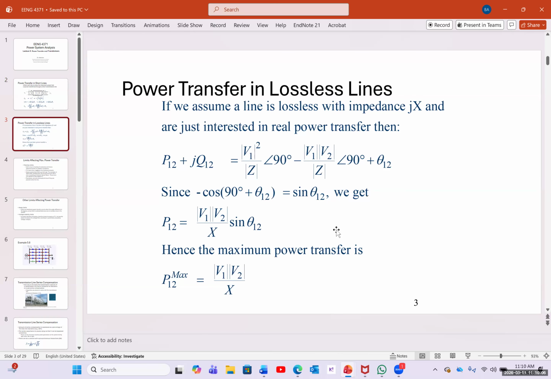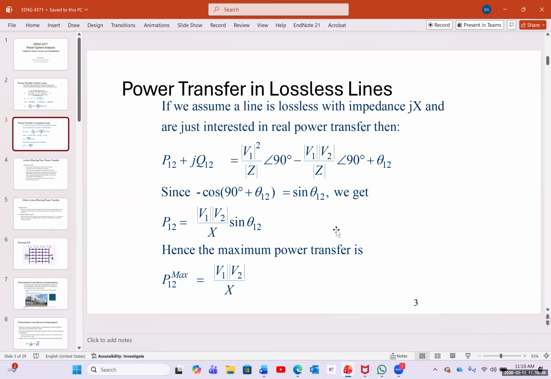Now, if we assume that the transmission line is lossless with the impedance of jX, we are again interested in only measuring real power in the system.